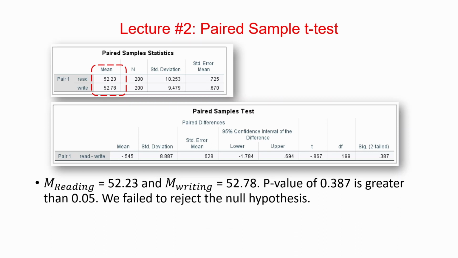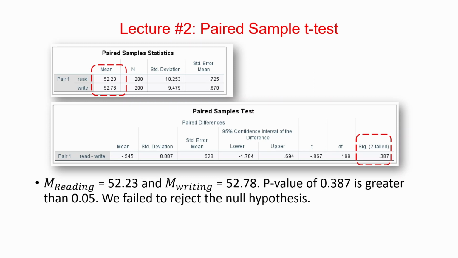For reading, the mean is 52.23, while for writing, the mean is 52.78. We can see that these two means are very close. The p-value is 0.387, which is greater than 0.05, so we fail to reject the null hypothesis.